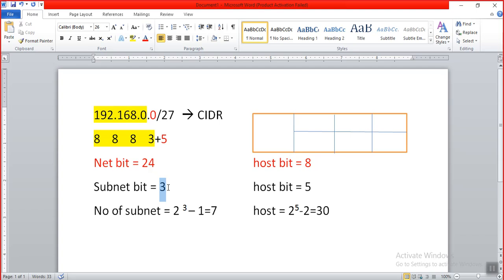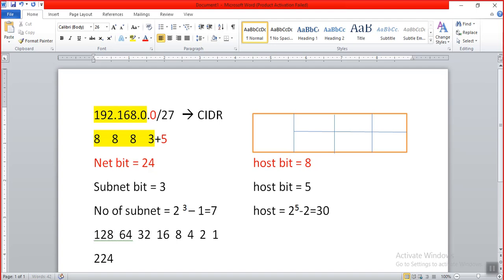Now subnet bit 3, that means, I show you, first bit is 128, second bit value 64, then 32, then 16, then 8, 4, 2, 1. This is the value of each bit from left to right. So the 3-bit equivalent value is the summation of these 3, that is 224.